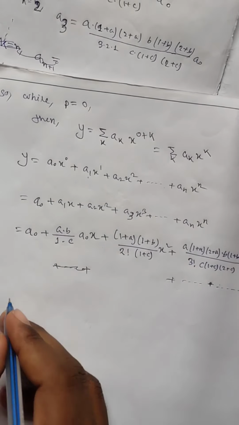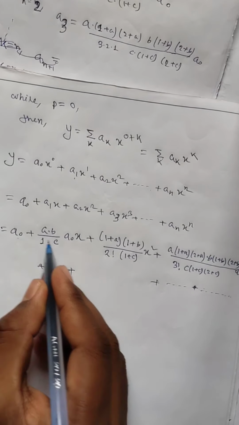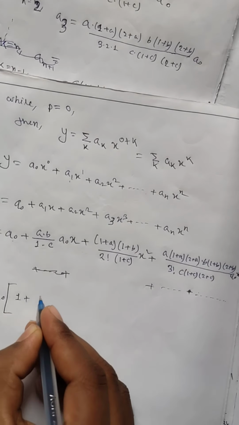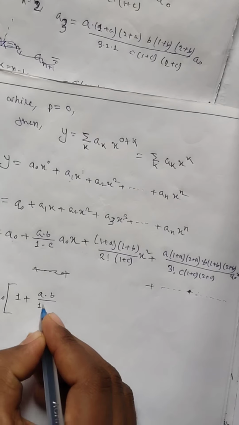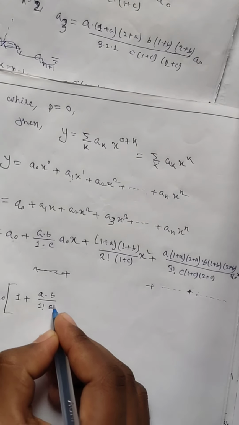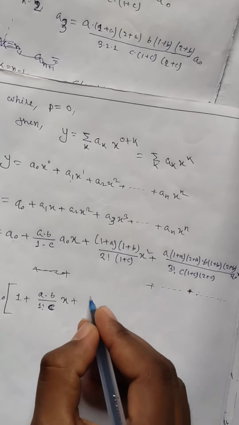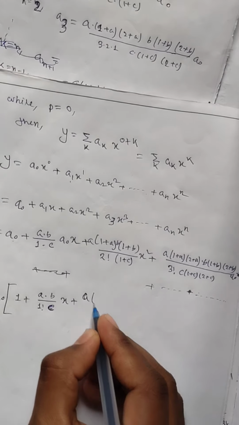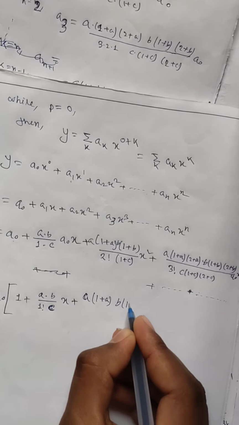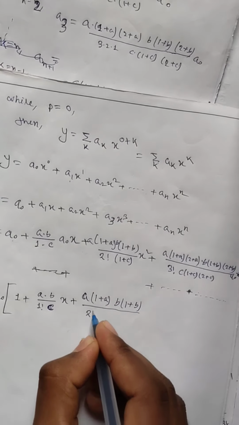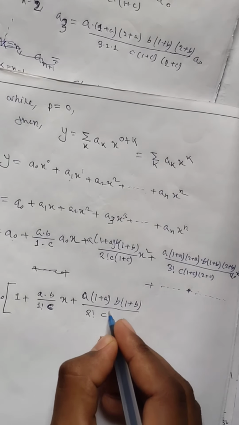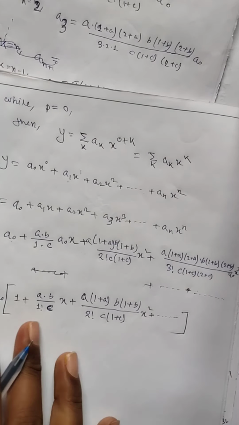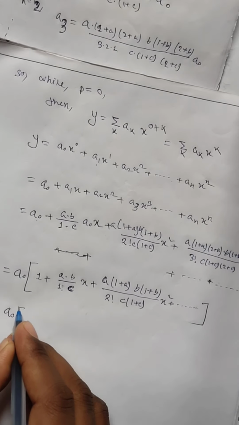So if we take common a naught from all these terms, we get a naught times the bracket 1 plus a b divided by 1 factorial c, x plus a into 1 plus a, b into 1 plus b, divided by 2 factorial, c into 1 plus c, x square plus, up to infinity, then a naught.